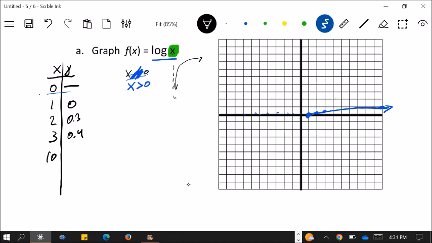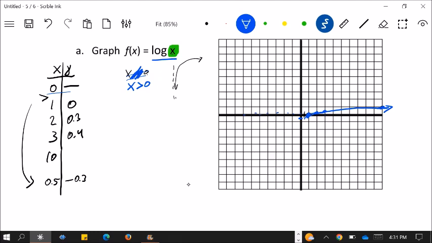So if I put in some other numbers, like, for instance, 0.5, I get the number negative 0.3 for the y. So that means that about halfway here, I'm down to negative 0.3, so I've gone below the line.